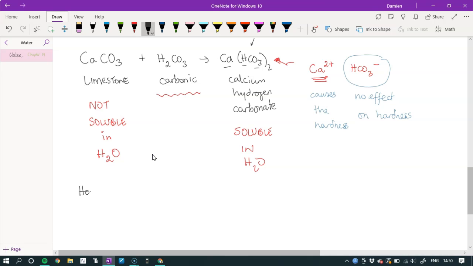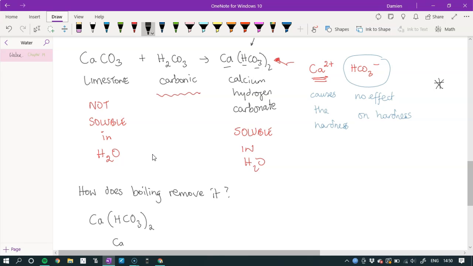So then back to the original question: how does boiling remove it? What effect has boiling got on this? Well, it's basically the reverse of this equation. If we have hard water, we have calcium hydrogen carbonate, Ca(HCO3)2.